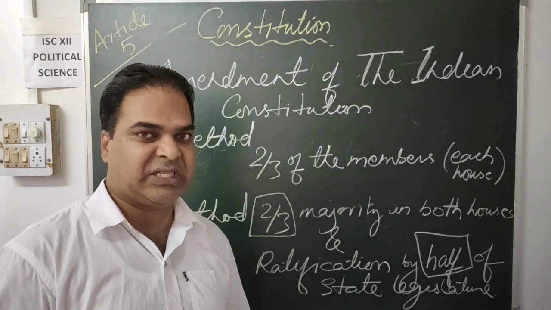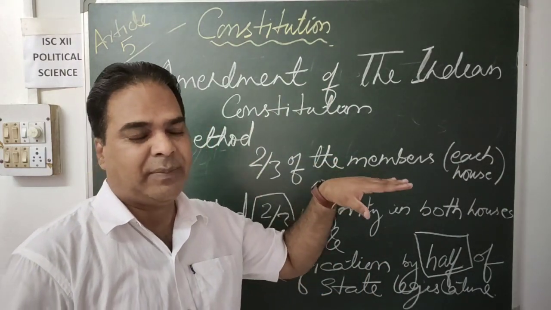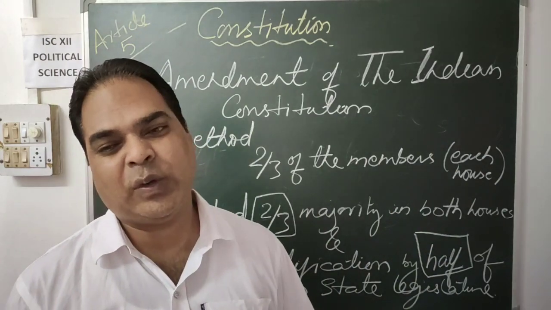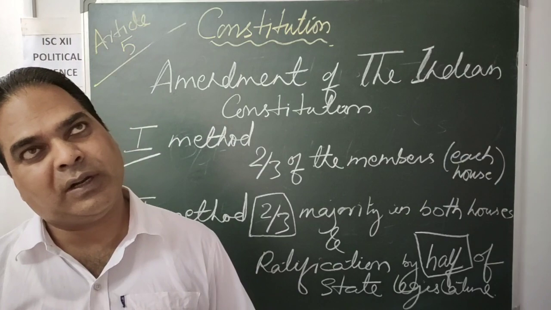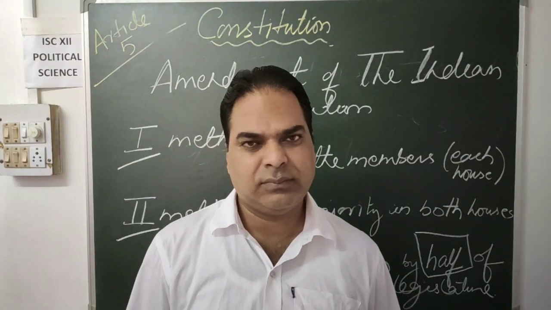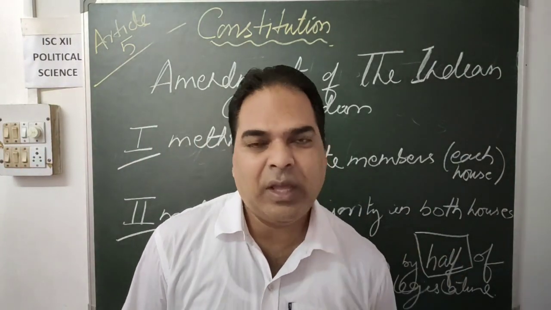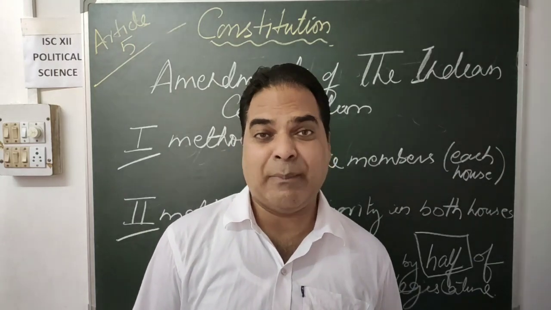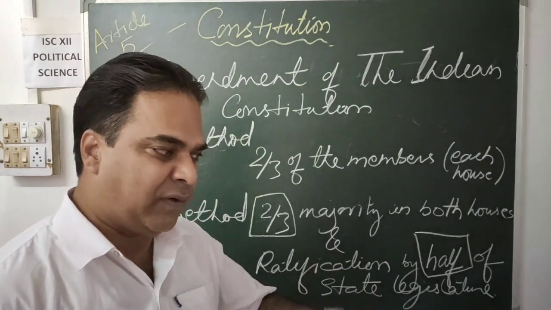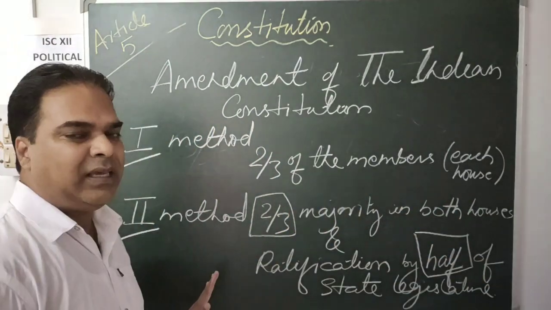Half of the state legislatures. That means 29 states are there. So what will be the half of 29? 14, let us take it 15. 15 states have to give the approval to pass the amendment bill of the Constitution. So if it is done, there won't be any problem.